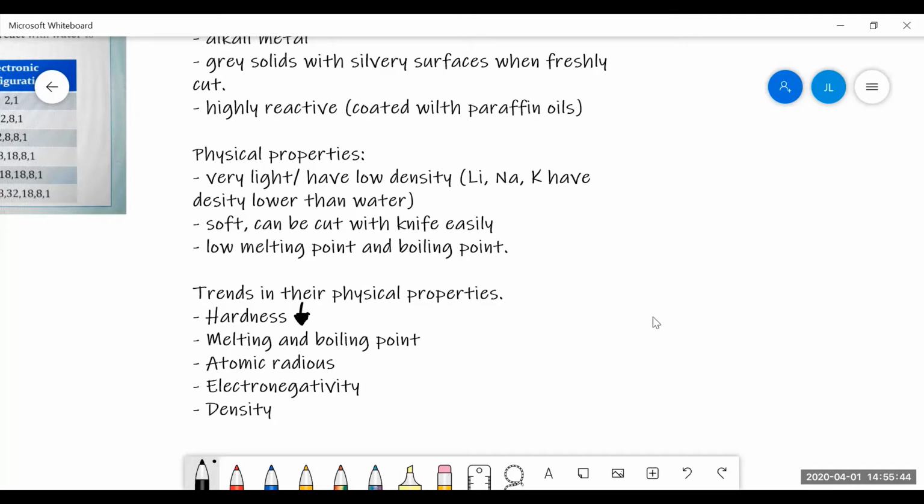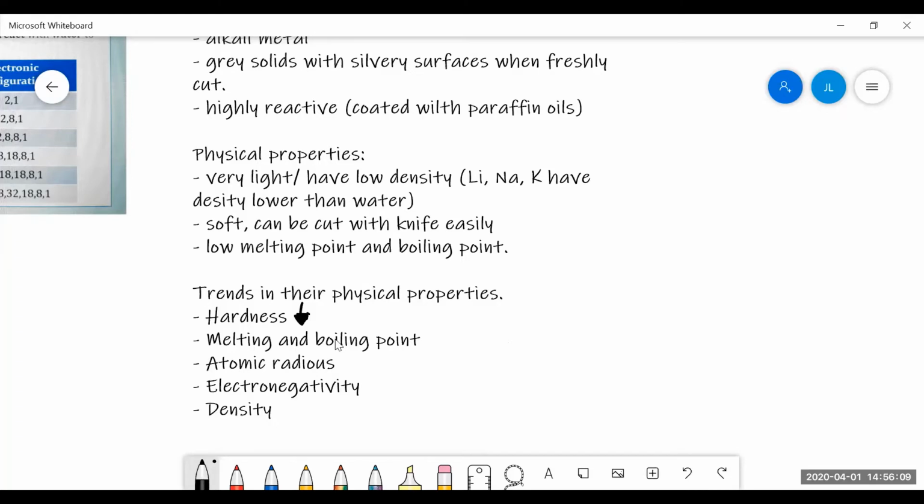I think francium is the softest one because of its atomic radius. Because the atoms are so far apart from each other that it is not hard. Okay.